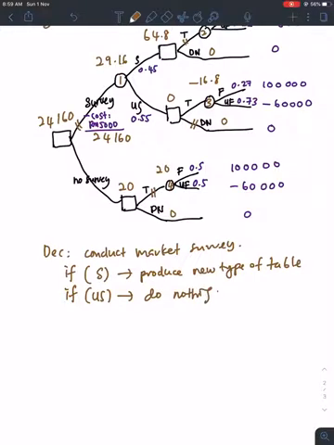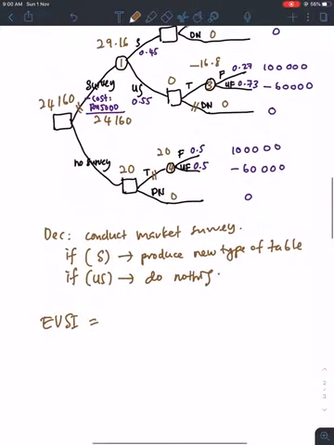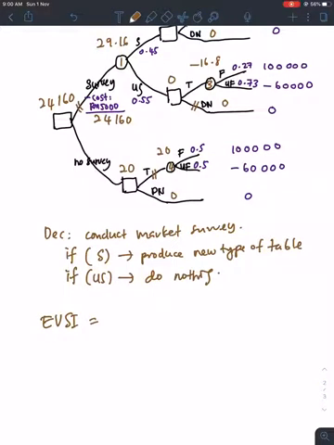Okay, do nothing. And last one, calculate the EVSI. Okay, EVSI, choose the value without considering the cost of conduct survey. So 29,160 minus 20,000 equal to RM9,160.